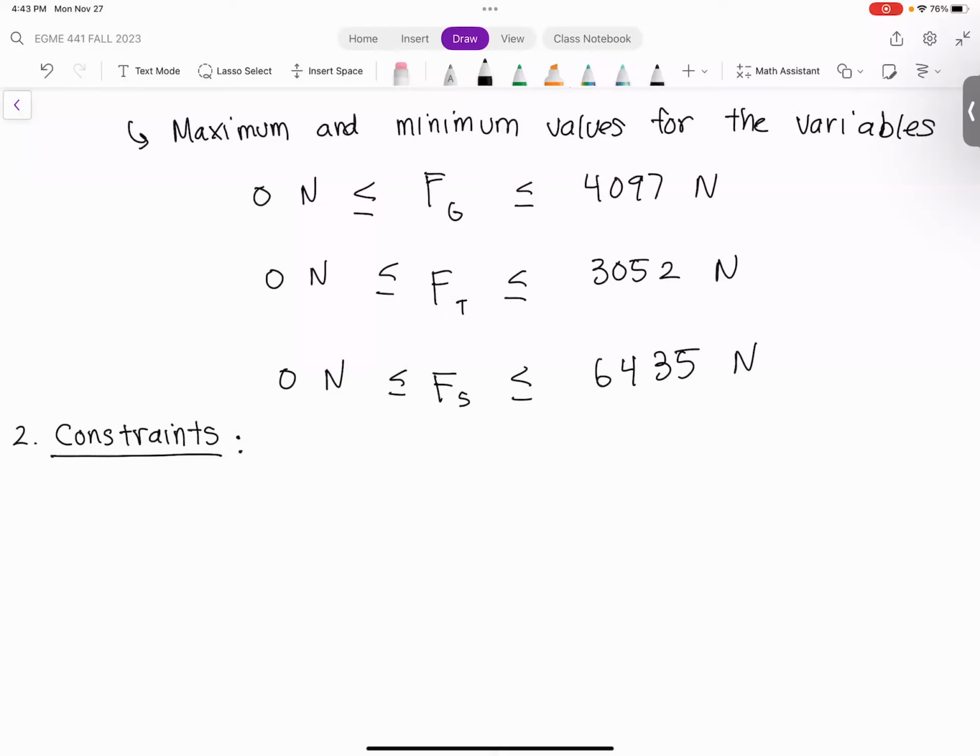You can think of them as mathematical relationships between the design variables that must be satisfied, that must be kept by the optimal solution.